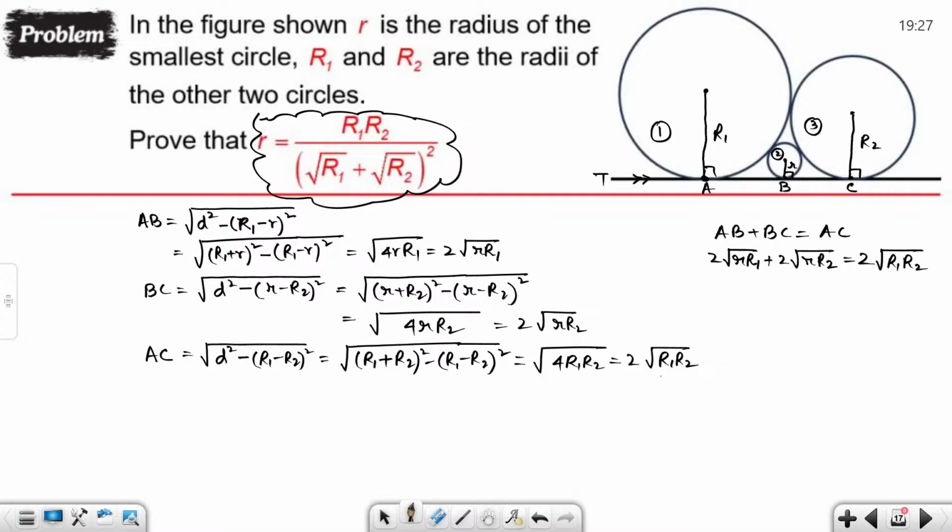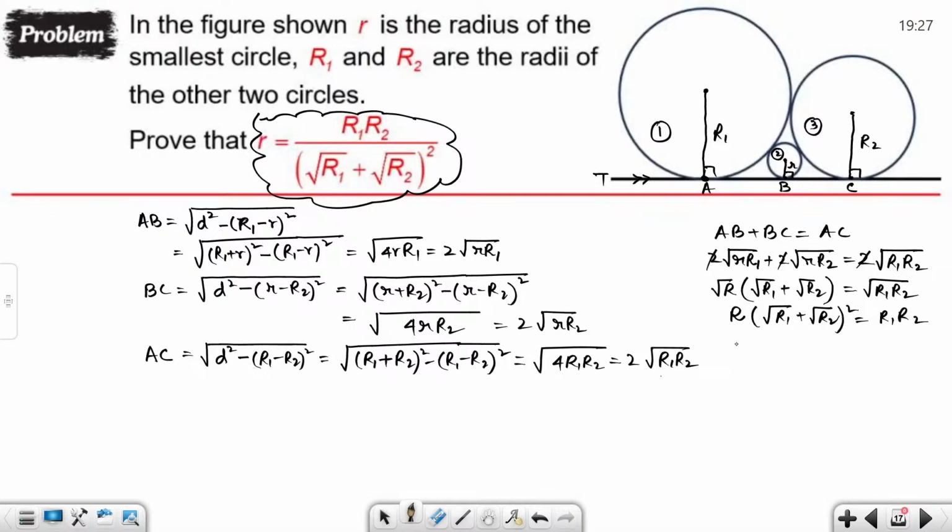Am I correct? Now let me cancel this 2 first, and let me take root r common. So we are left with root r1 plus root r2 equals root of r1 r2. Now if I square both sides, we are getting r times (root r1 plus root r2) whole square equals r1 into r2.